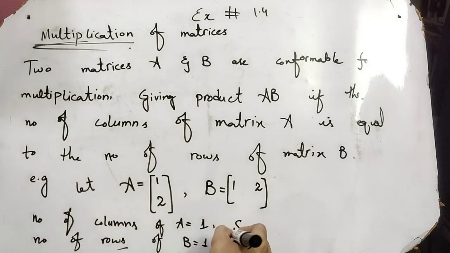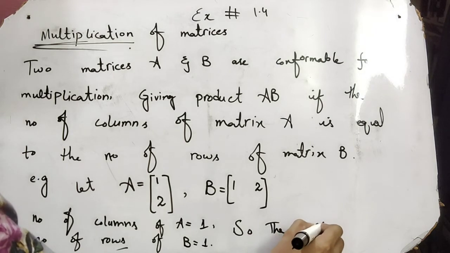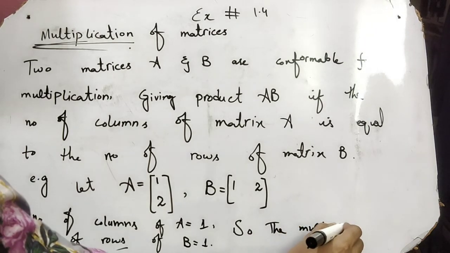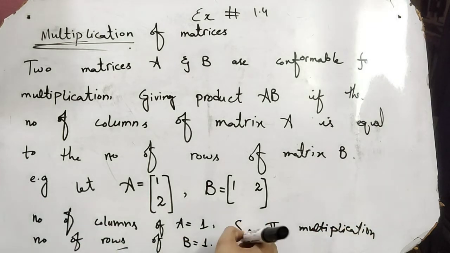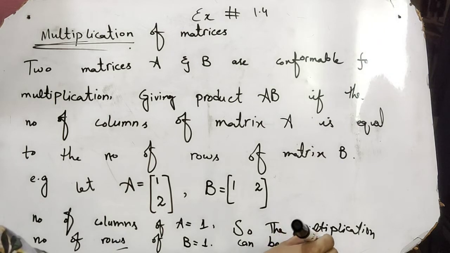So the multiplication can be done, or we can say that A and B are conformable for the multiplication.